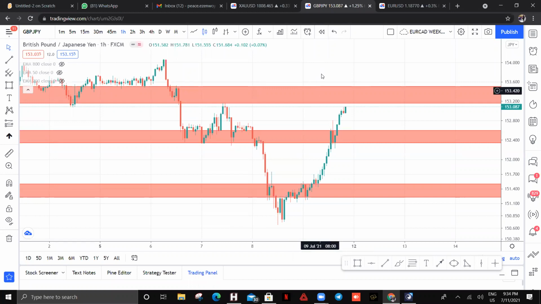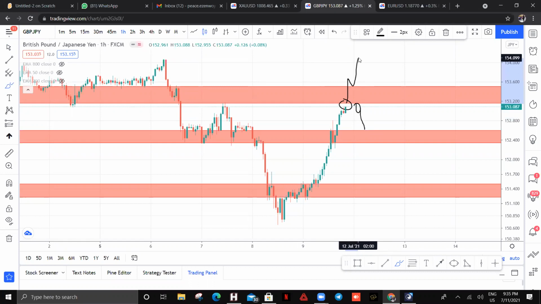The only thing that will make me sell this candle is if I see the market open and there's a stop here, this zone rejects it, another red candle is rejected here, then I know that it's ready to come down. But if this candle breaks this zone and there's a retest here, I'll buy. But if it doesn't, and it retests here, the sell will happen. But for now, there's nothing here for me to do.